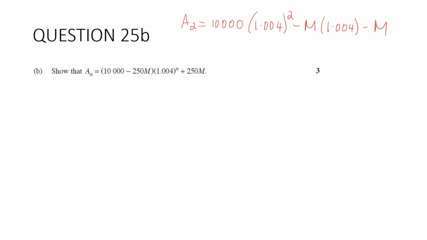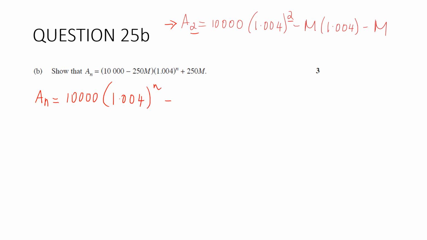Part B, show that A_n is equal to (10,000, take 250M) in brackets, multiply by 1.004 to the power of n plus 250M. Okay, so let's try and make a generalized statement for A_n based on A_2. It's going to be 10,000, following the pattern, 1.004 to the power of n.